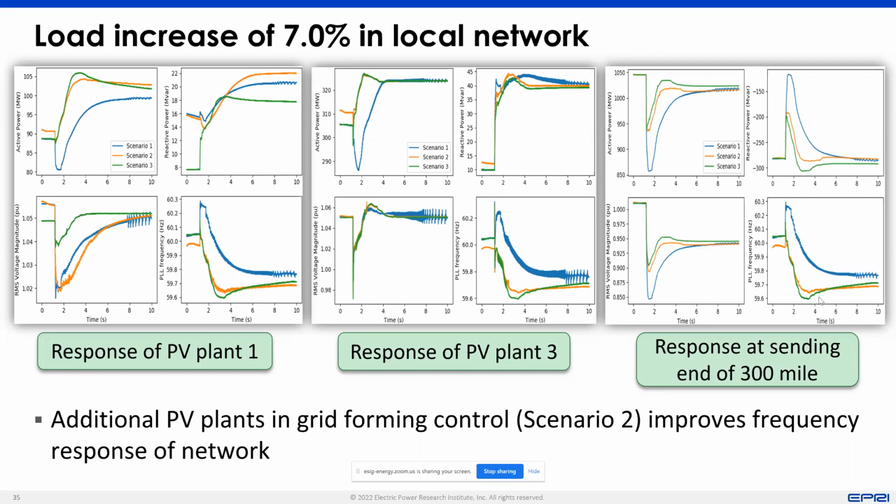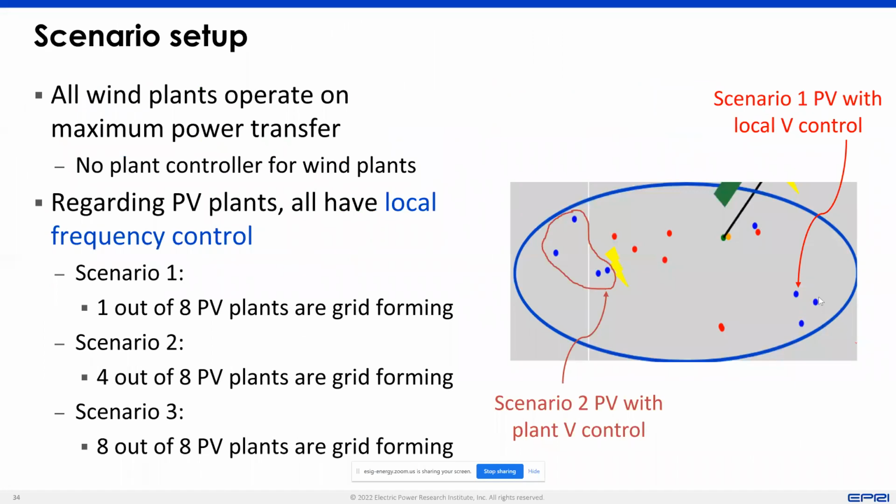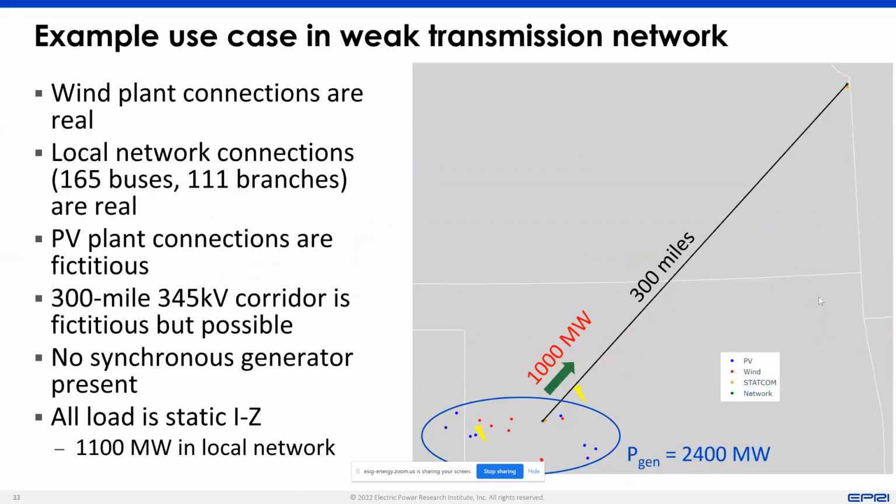You mentioned having grid forming inverters at the generator side and at the other side of the long transmission line. Can you comment on when we should put it on each side? It's a little bit intuitive.